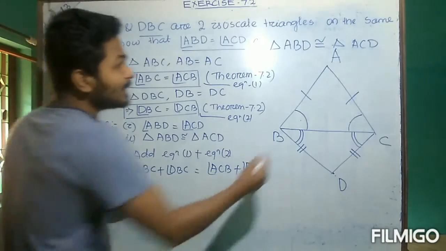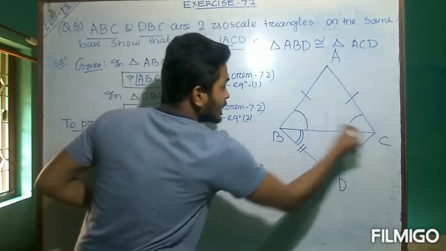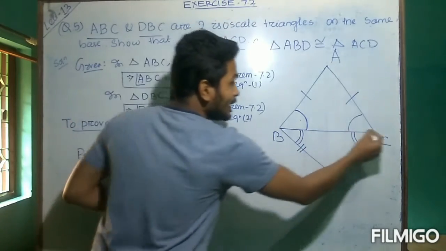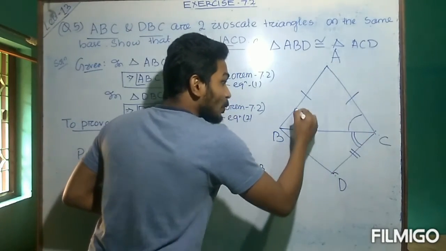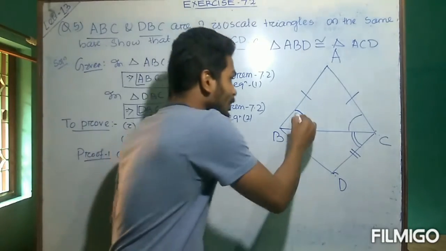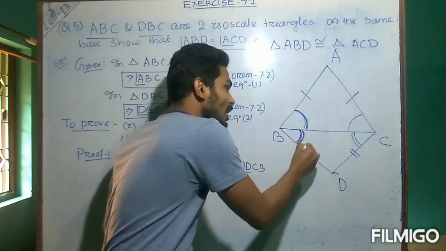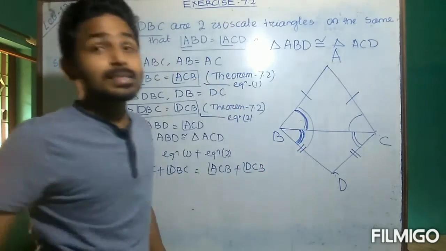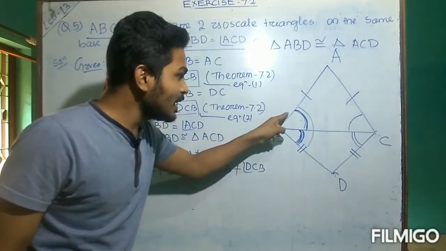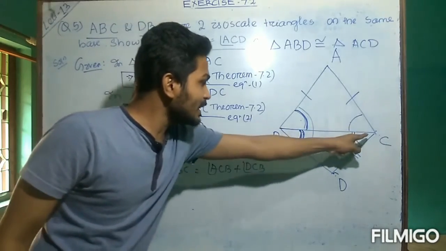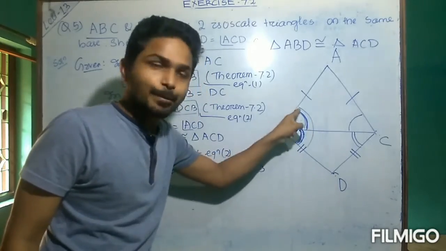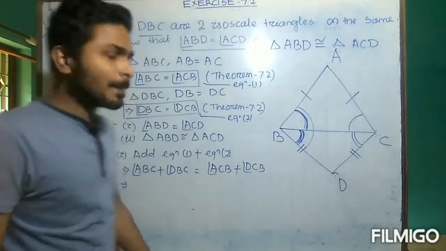Now let's see. We have ABC, it means this angle, plus DBC, that means this angle. We have added this angle with this angle. Whenever this small angle is added to this small angle, we will get the total angle. These two are the parts of this large angle. So whenever angle ABC is added with DBC, you will get the large angle ABD.